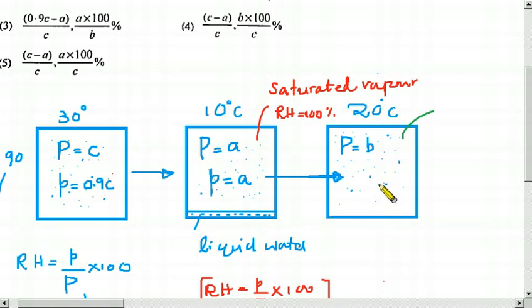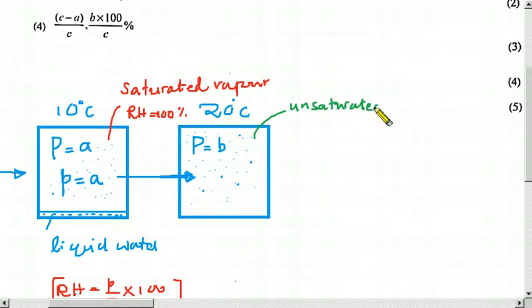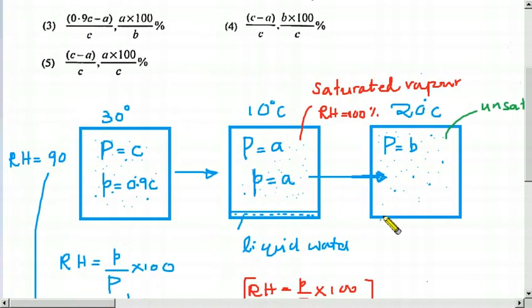So if there is no liquid water, if there is only the vapor pressure, so this one is unsaturated. It is not saturated, unsaturated. So therefore you can't say that the pressure given by this vapor is equal to this one, as here.